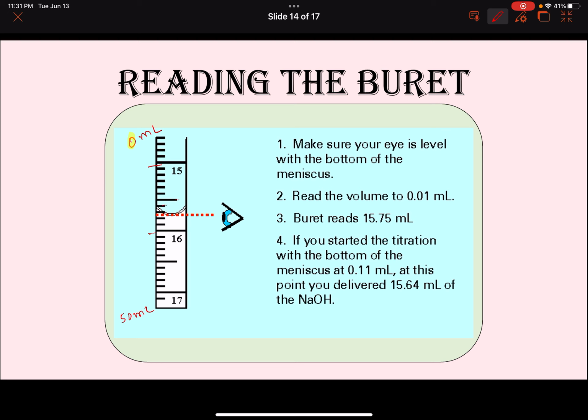So we know that we definitely have a 15.7, and then the number after that is kind of up to everyone's discretion, because that's like your estimated digit. So some of you might say 15.74, some of you might say 15.75, someone might say 15.73 or 15.76. All of those are right answers. But remember to read the bottom of the meniscus.